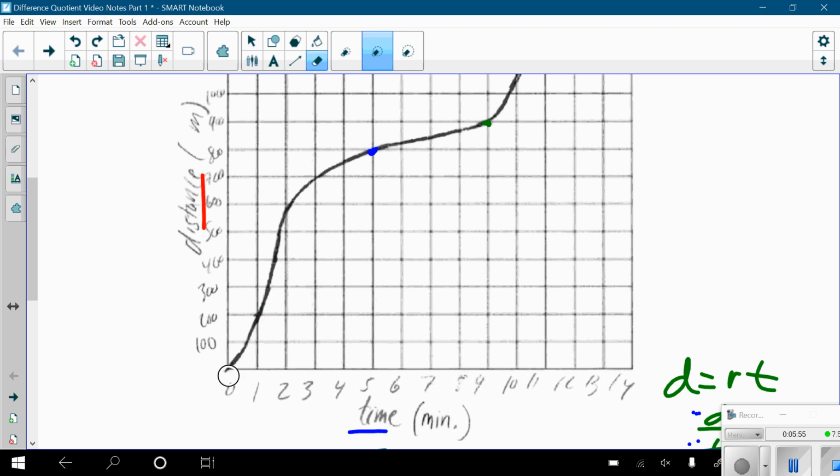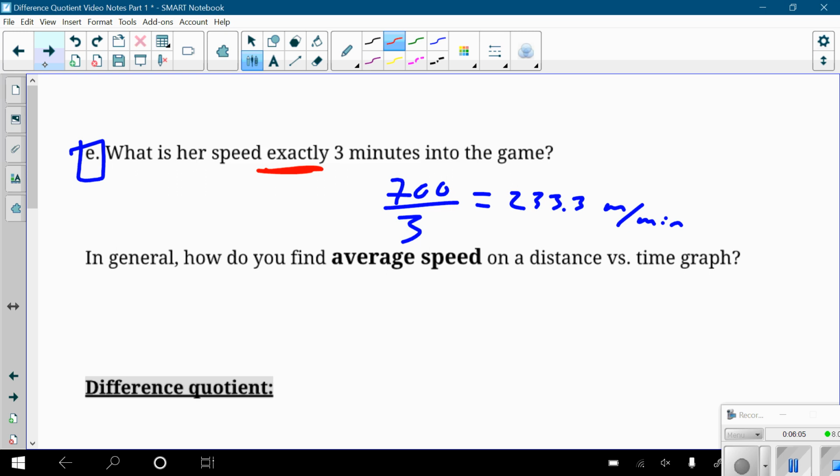But if you look at this graph, she's going real fast here, and then she slows down when she gets to 3 minutes. So she's probably going slower than 233.3 meters per minute then. So this is kind of a bad guess.